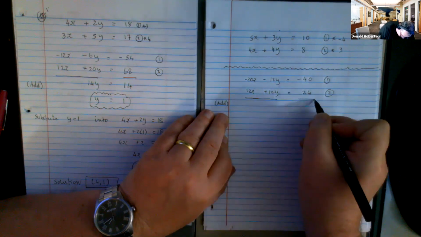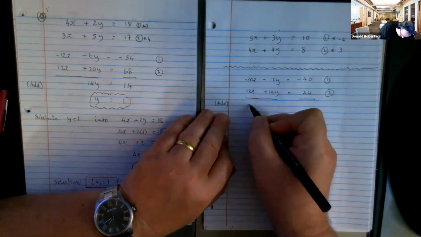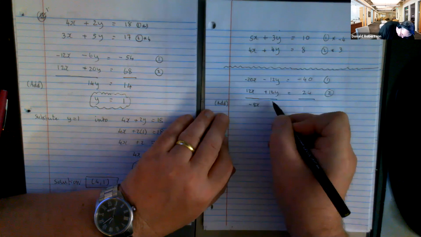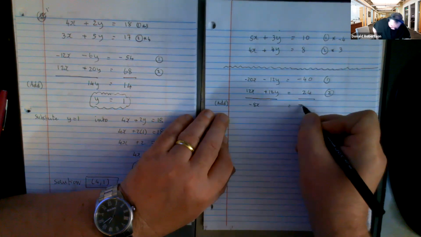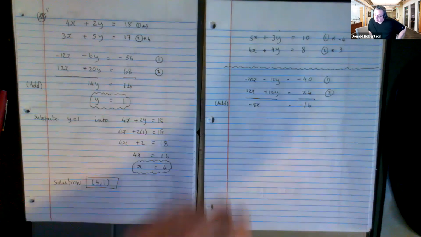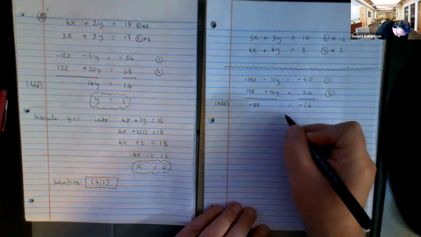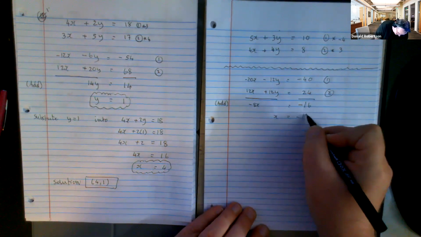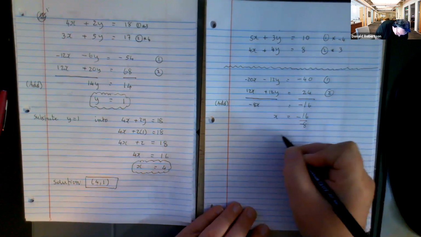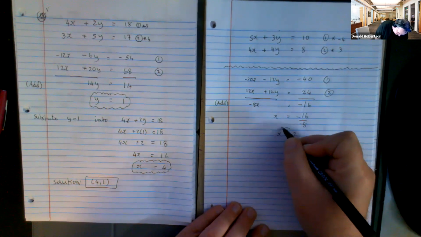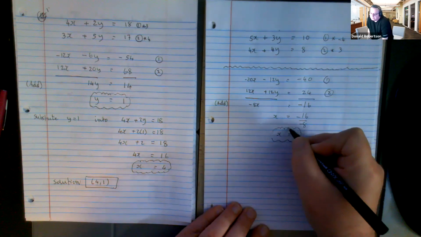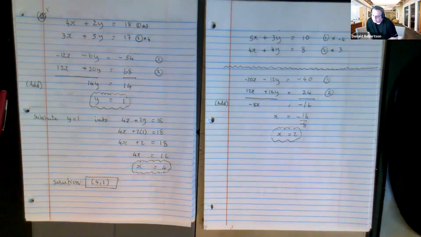If you add these together, you get -8x. These kill each other off. And I believe you get -16. At least I hope you do. Does that look good? And then you divide both sides by -8, and you get a really nice answer. You get 2. So far, so good.